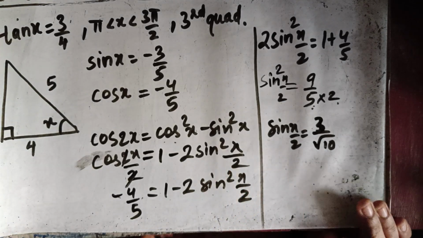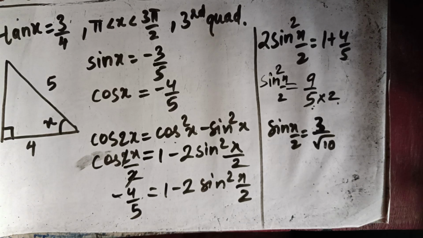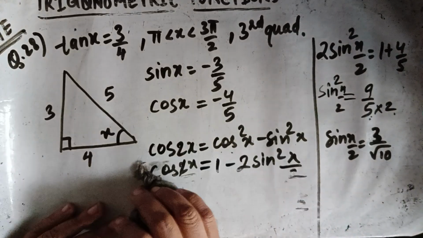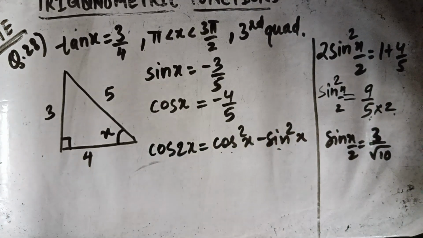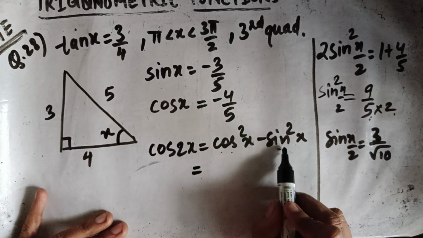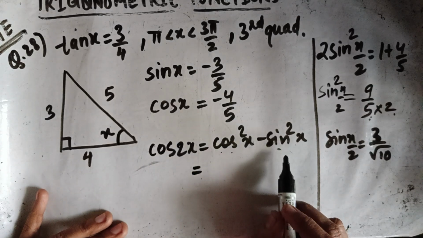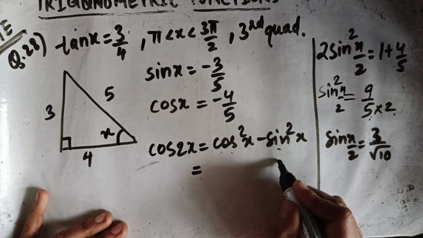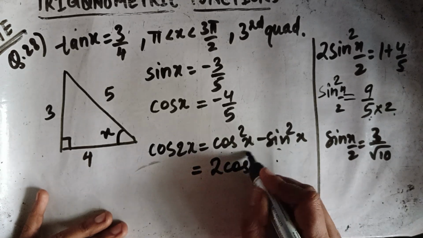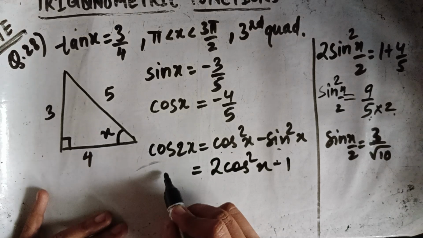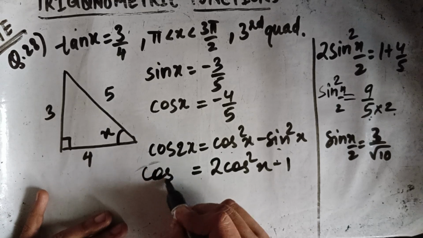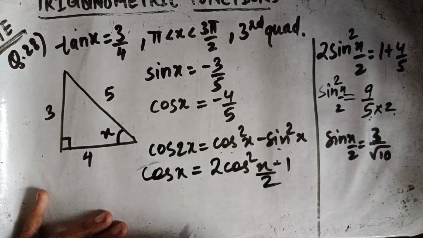In the same way you can find cos x by 2 by substituting the cos value. cos 2x is, for cos square x, 2 cos square x minus 1. Okay, and for the half angle, the angle is divided by 2.